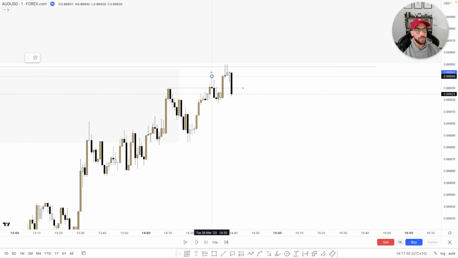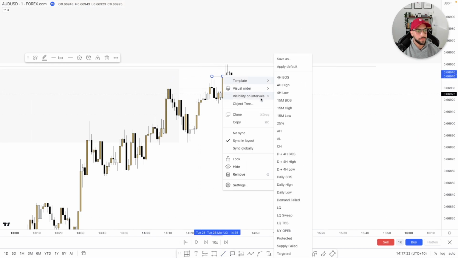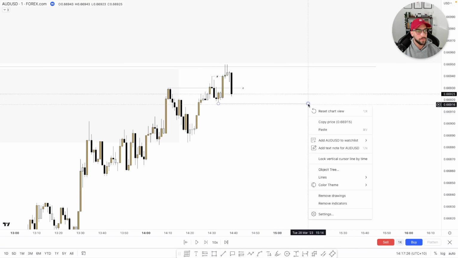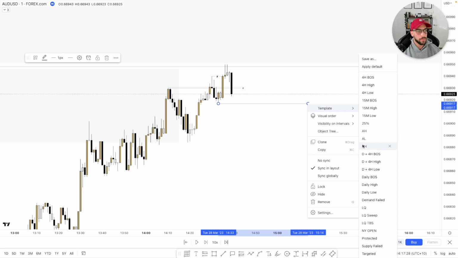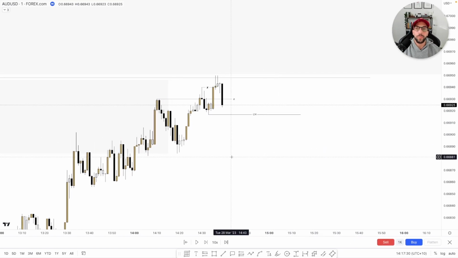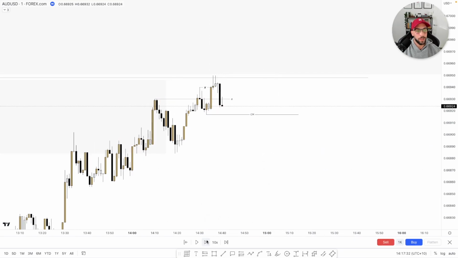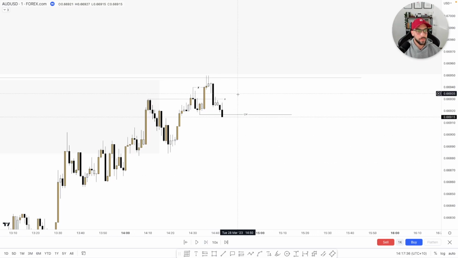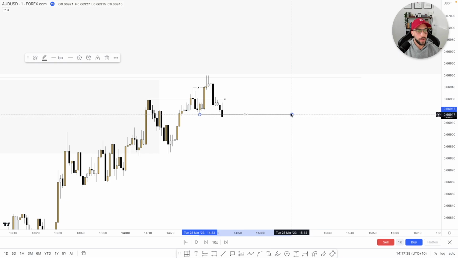And then of course we need to wait for our 1 minute change of character. Perfect. And with those 1 minute change of characters, we need to see a body close as per the strategy at Millennial Wealth Group. And there we go, we had it there.